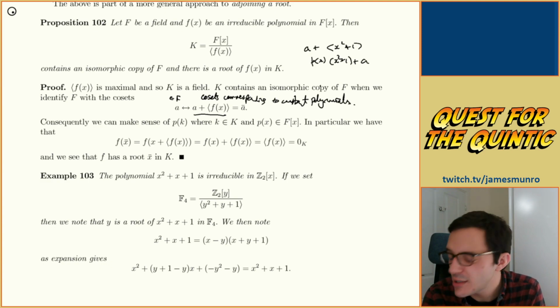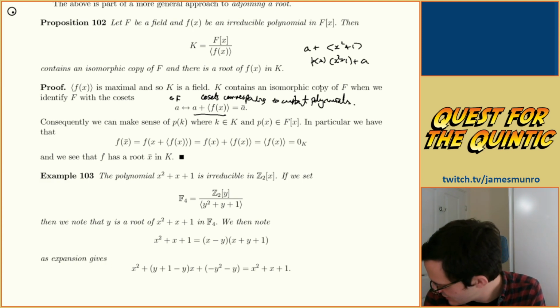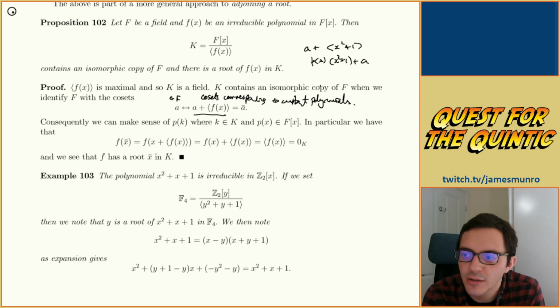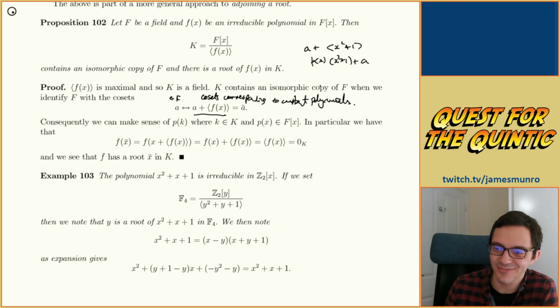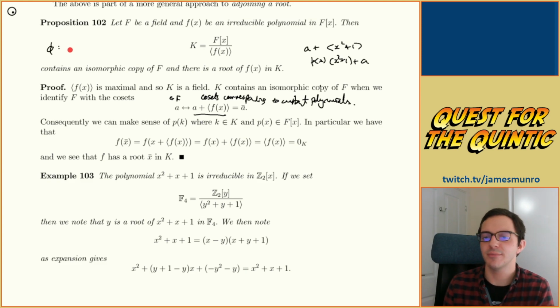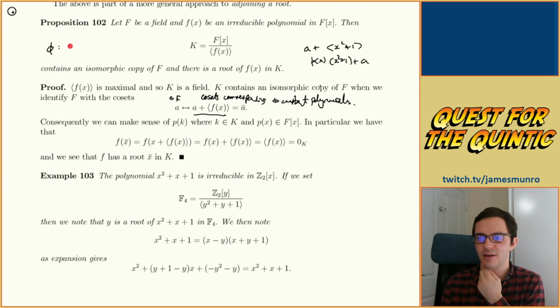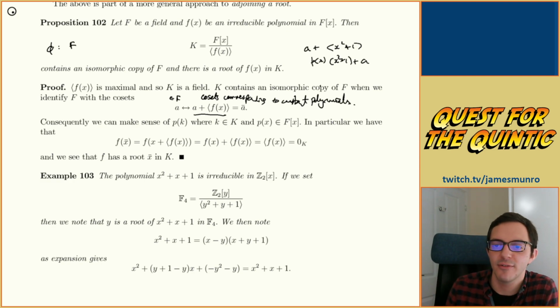Can you do this as a... Is this like kernel image of a function evaluation thing? Yeah. This is kernel image of... This is the first isomorphism theorem, right? So phi goes from F to K by a plus the ideal generated by f goes to a bar.